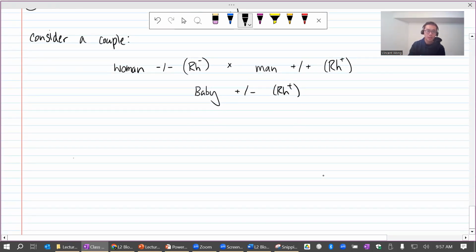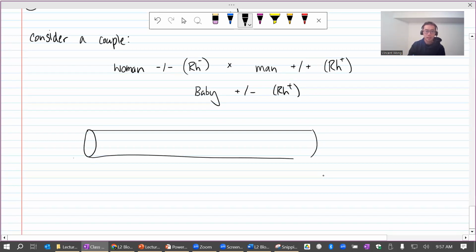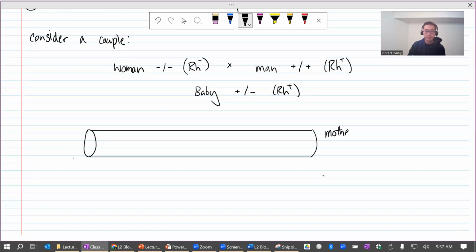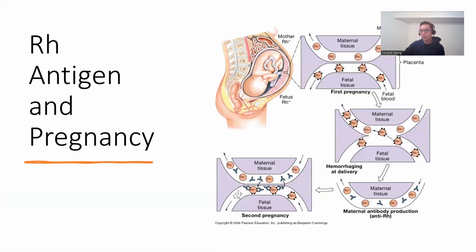Let's draw some pictures. This is the mother's blood. Let me draw it in the same order as the notes here. Mother is on the top. Mother's blood.